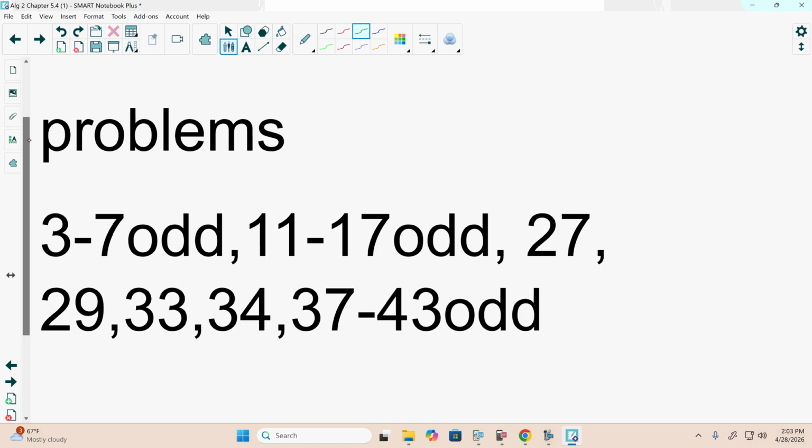I have a feeling you can get most, if not almost all of this done before the bell. You can probably get number 3 done very quickly.